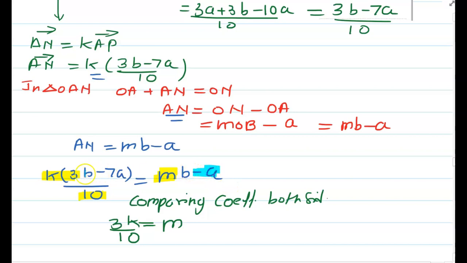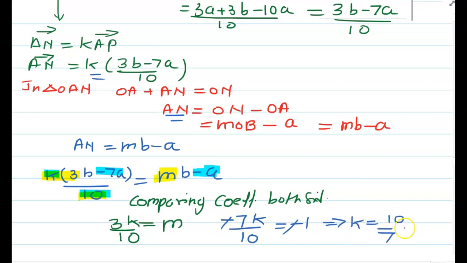Minus 1. And what is here? Minus 7K over 10. So if you multiply, this will be minus 7K over 10 equal to minus 1. Minus minus cancel. We have found here K is 10 over 7.